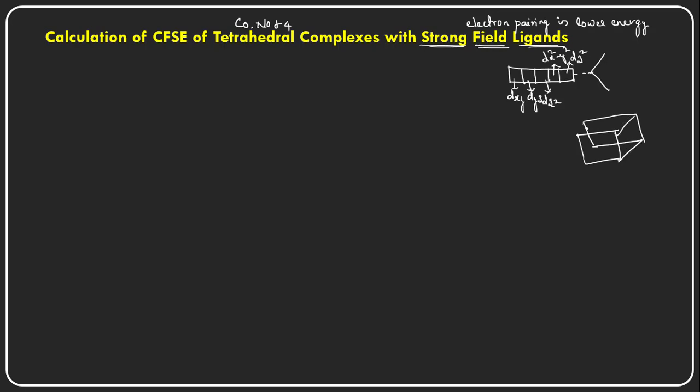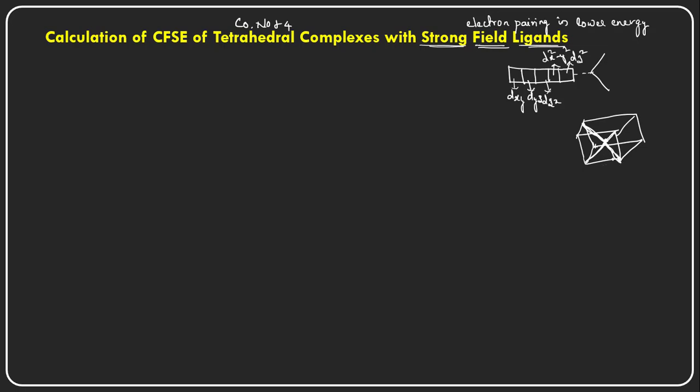When the tetrahedral molecule is inserted in the cube, there will be one bond this side, another bond this side, another bond this side, and another bond this side. This will be the tetrahedral structure, right?